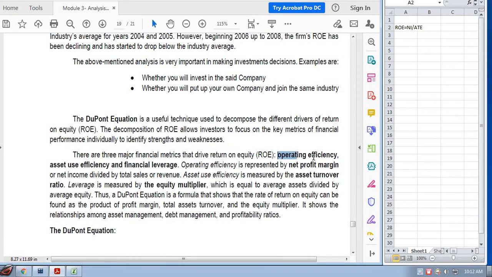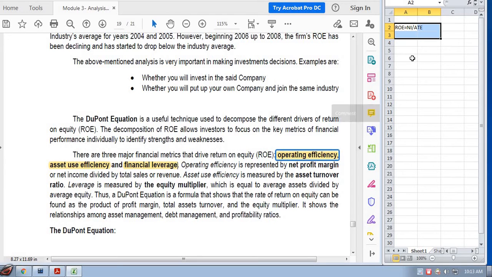We have the operating efficiency, we have the asset use efficiency, so asset management, and the financial leverage. Okay, so operating efficiency, doon yun sa profitability. Okay, so we will analyze the return on equity using the DuPont equation based on these three major financial metrics.